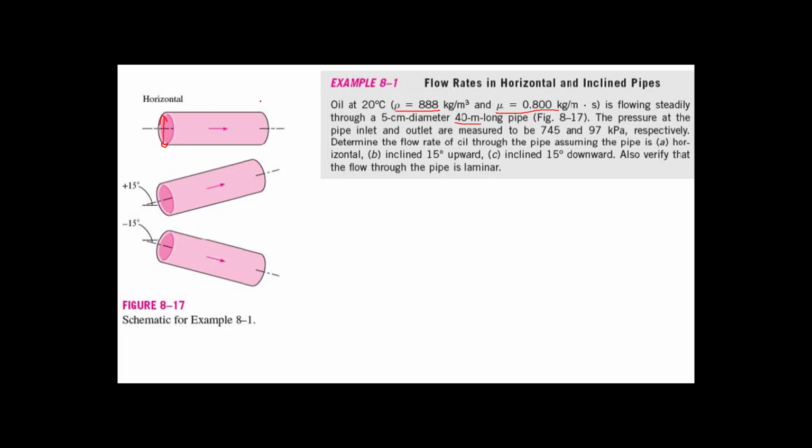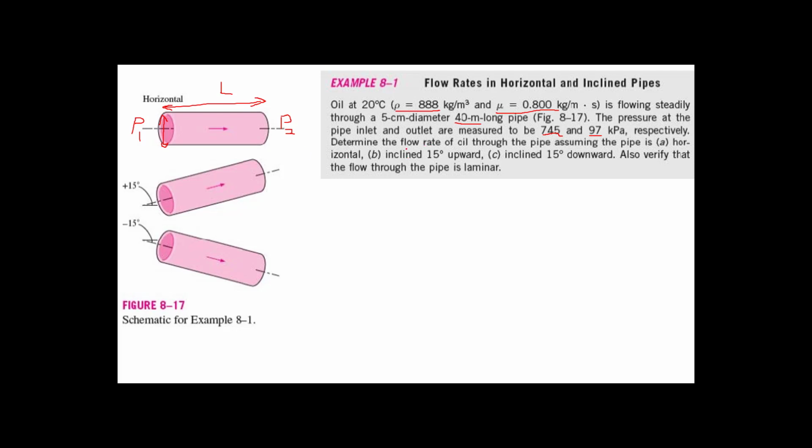This is L. Okay, this is L. The pressure at the pipe inlet and outlet are measured to be 745 and 97 kilopascal respectively. So we have P in, P out. This is P1, and here we have P2.